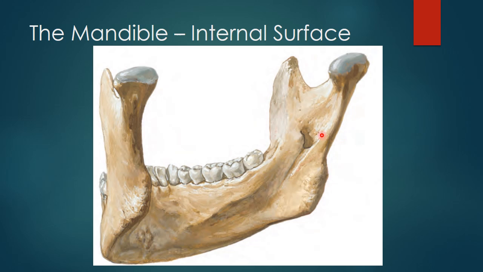Next is the mandibular foramen, here, which is located on the medial surface of the ramus, midway between the mandibular notch and the angle of the jaw. It also lies midway between the internal oblique ridge and the posterior border of the ramus of the mandible.